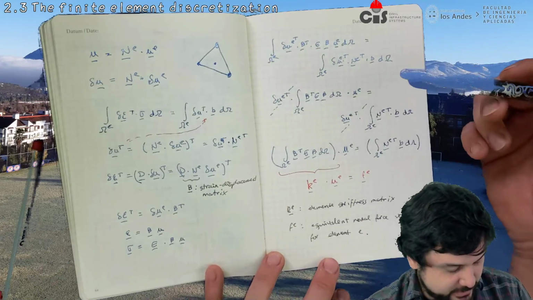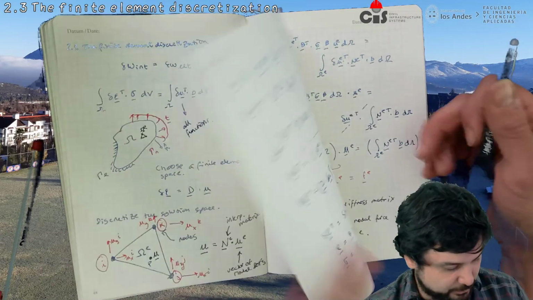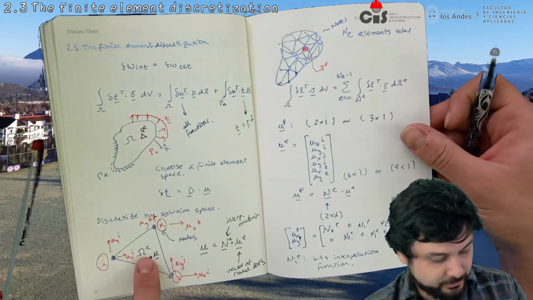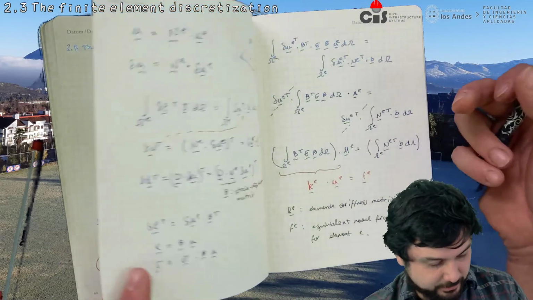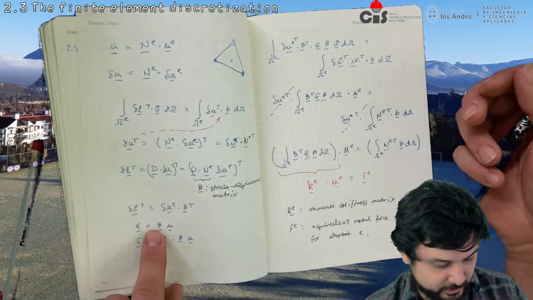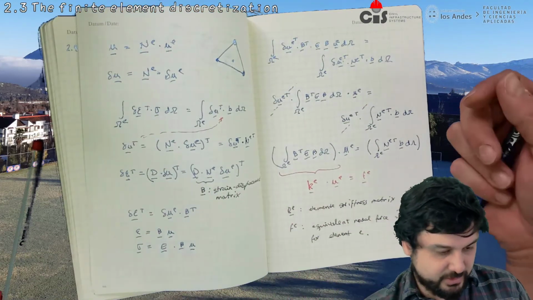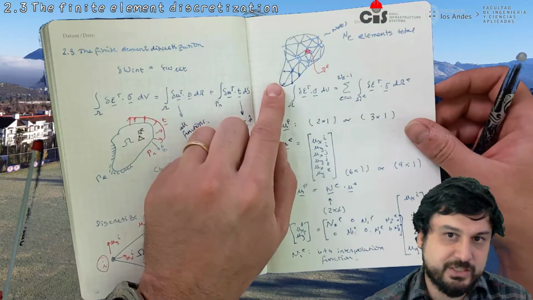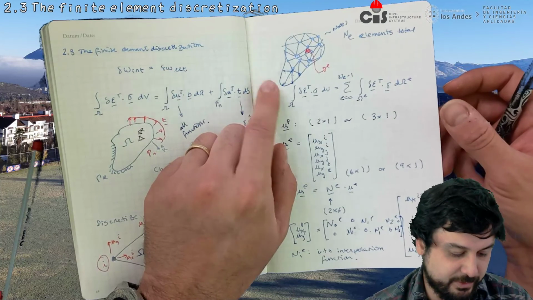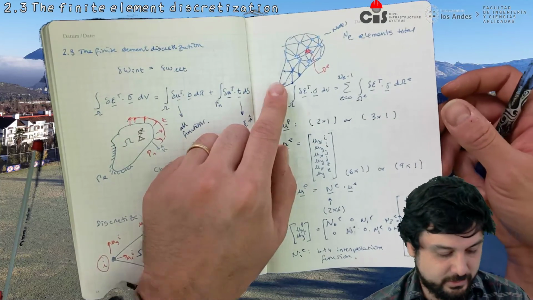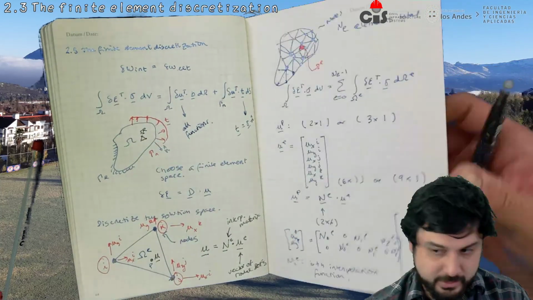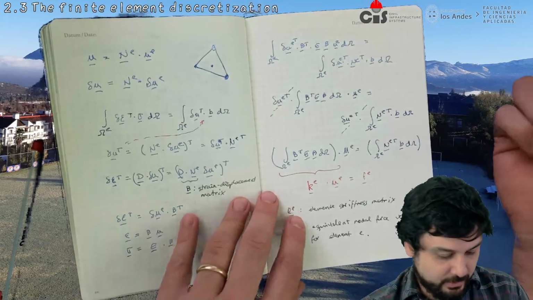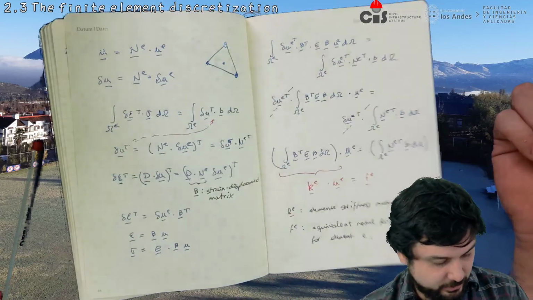But the point is, once you decide what your interpolation is, then you can just go ahead and plug into the equations, calculate B, compute a stiffness matrix, and then you have this discretized, and you can use the direct stiffness method to assemble these element by element stiffness equations into a global system, and from that you can get your solution.